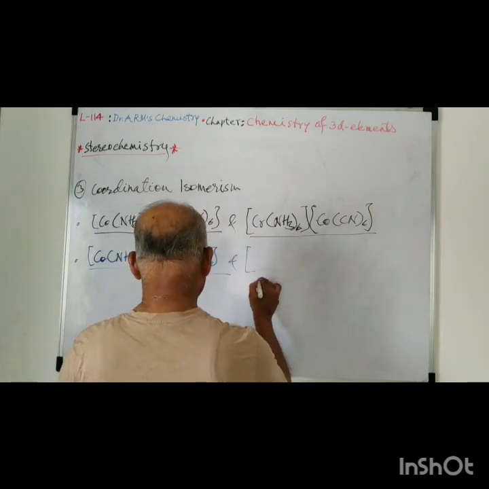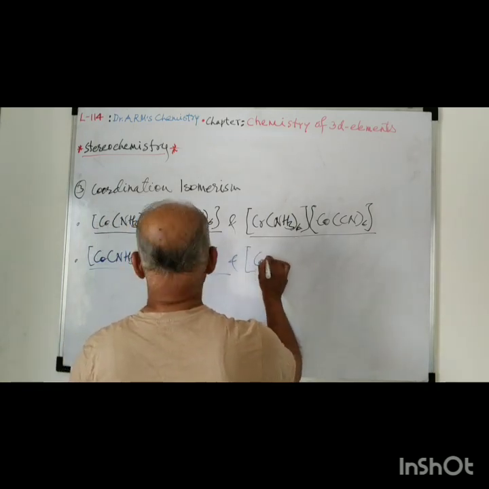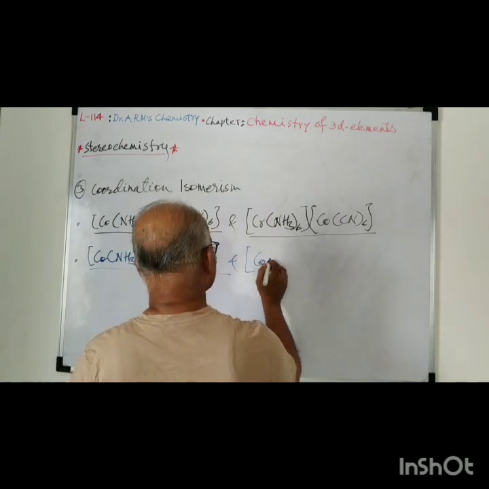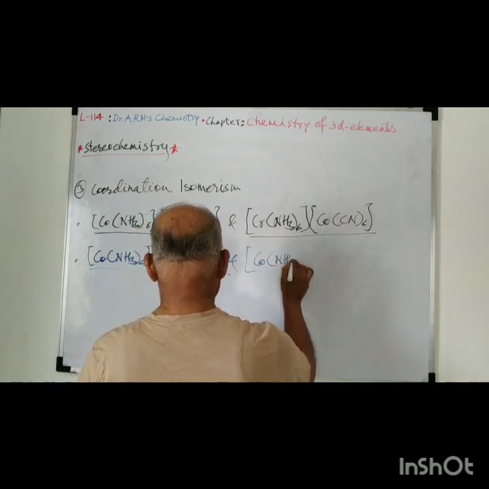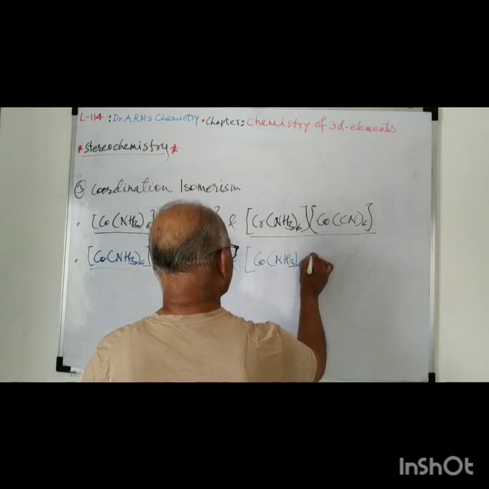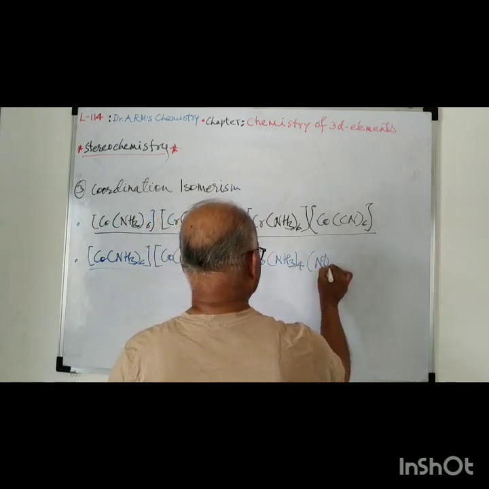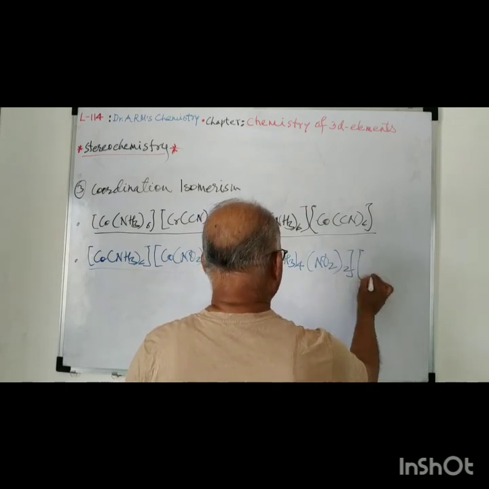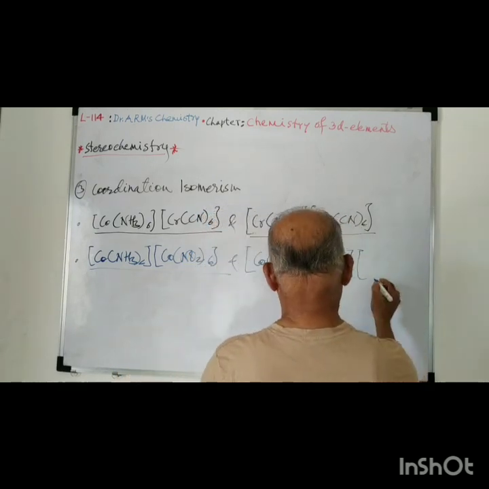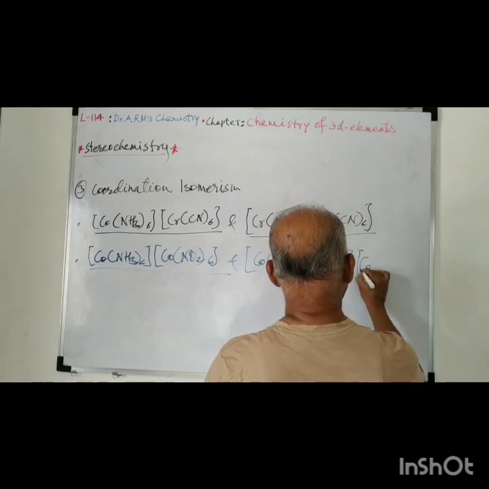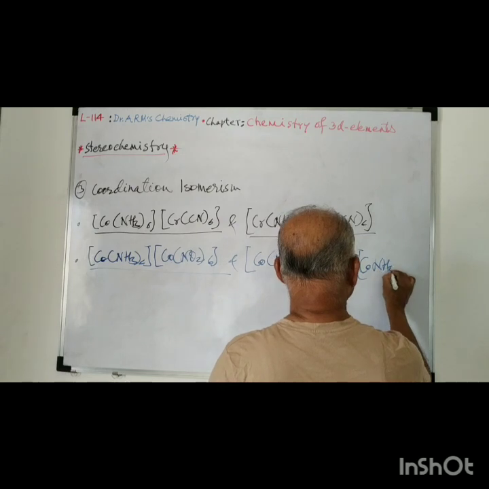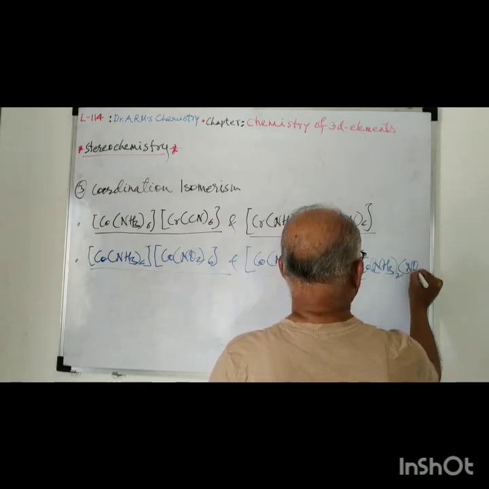Another isomer is [Co(NH3)4(NO2)2] with [Co(NH3)2(NO2)4].